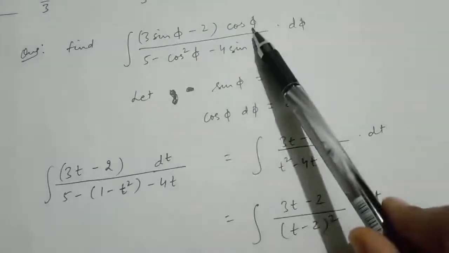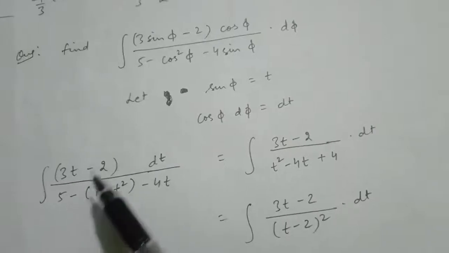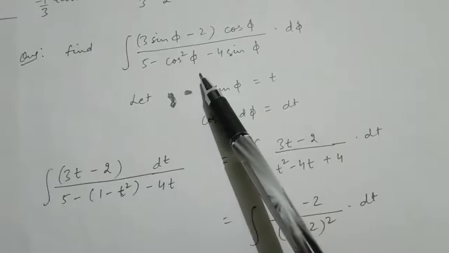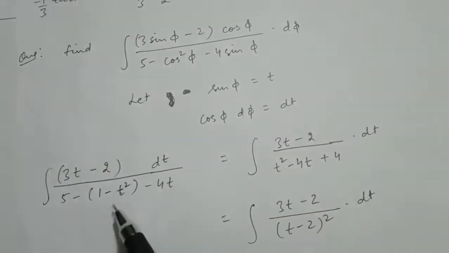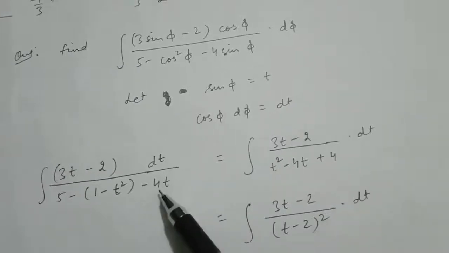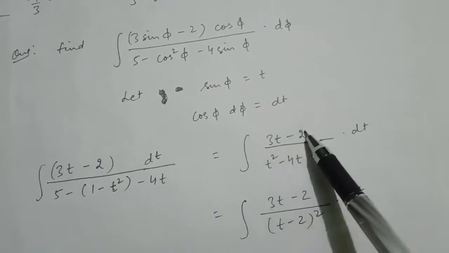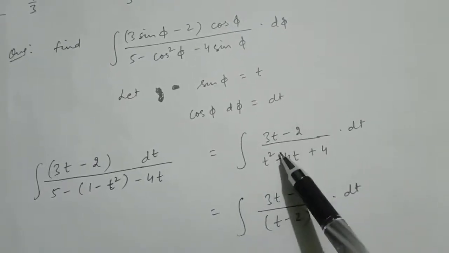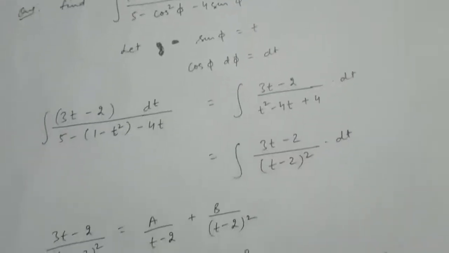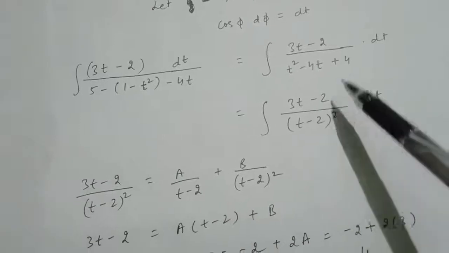So the integral will change into 3t minus 2, in place of cos phi into d phi dt, upon 5 minus this cos square phi, which can be written as 1 minus sin square phi. So 1 minus t square because sin phi is t, and minus 4t. So the integral is equal to 3t minus 2 upon t square minus 4t plus 4 into dt. Now this is 3t minus 2 upon t minus 2 whole square.